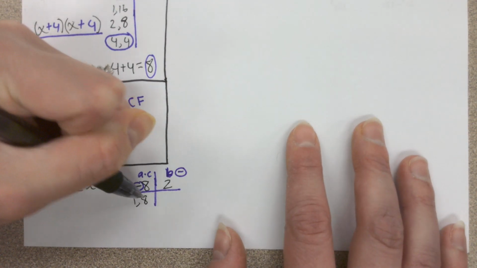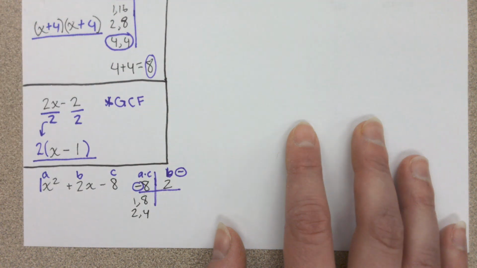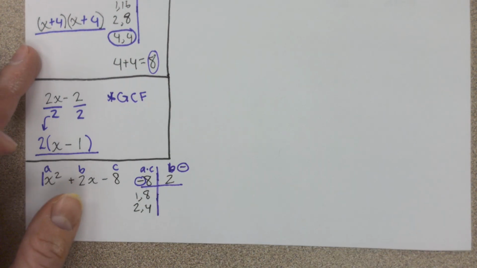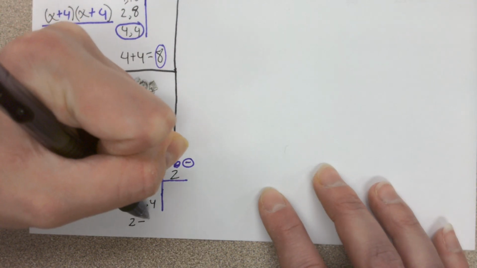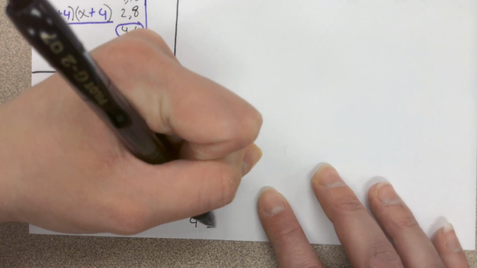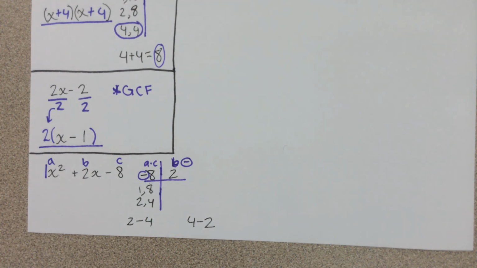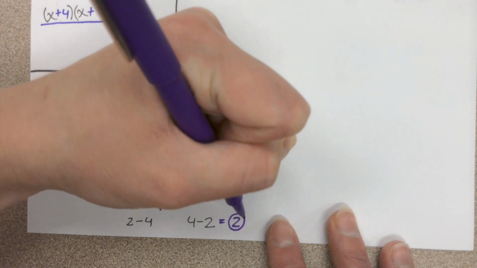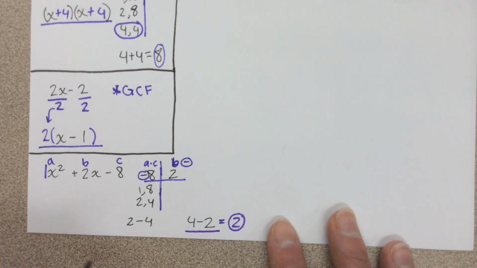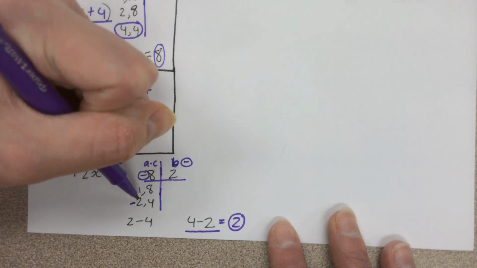8, we have 1 and 8, and 2 and 4. We are subtracting. And if we use 2 and 4, we can get 2. When it's subtraction, I want you to write it both ways and ask yourself which one is correct. We want positive 2. So 4 minus 2 will give us positive 2. Therefore, the negative goes in front of 2, not 4.